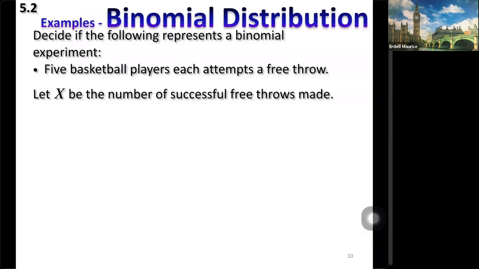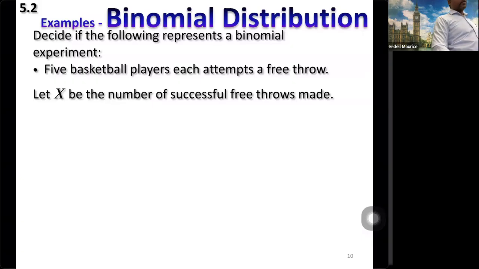Let's go. 1, do we have a fixed number of trials? Yes, there will be 5 baskets shot. We know that already, yeah? 2, I said IID. Are the events identical and independent? They're not, because it's 5 different players, yeah? If Steph Curry is shooting the first and I'm shooting the second, it is not the same outcome, yes?